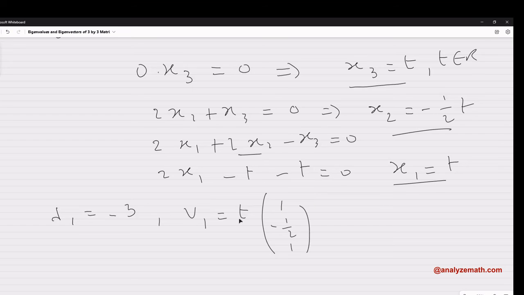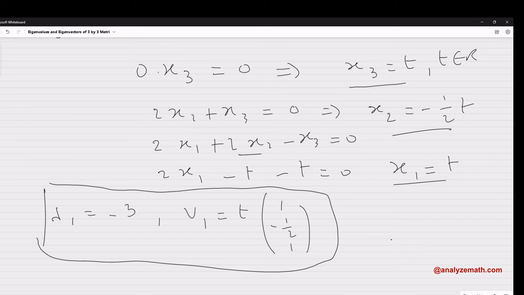When you multiply by this, it will give you x1 equal to t, x2 equal to negative half t, and x3 is equal to t. So this is the result for the first eigenvector corresponding to the first eigenvalue lambda 1 equal negative 3.